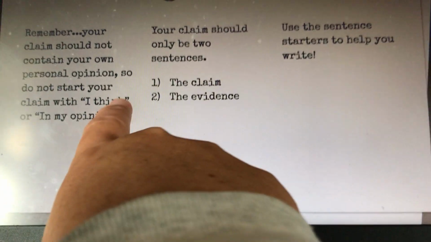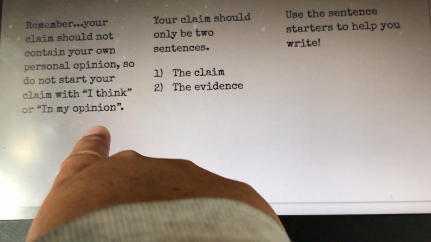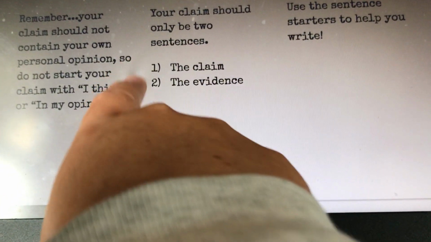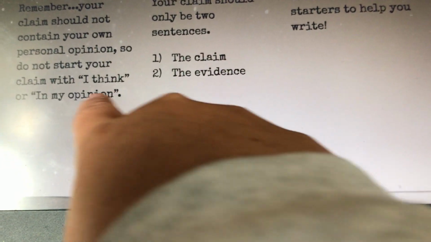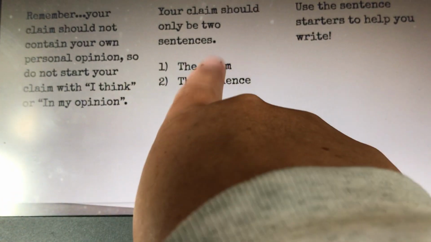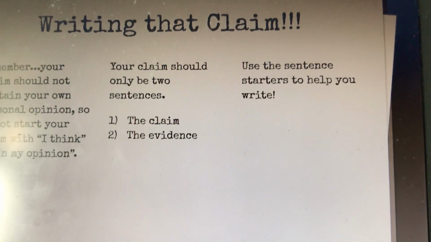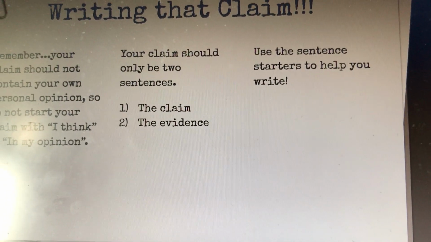And it's things that we can work with and build with. If you use one of these, that's okay, as long as you have these 2. Because as the year progresses, these will go away, and this will become easier to write. Okay? So, writing that claim, use the sentence starters to help you write.